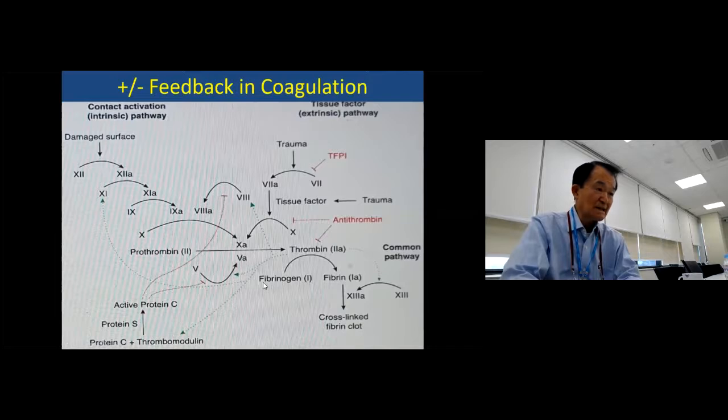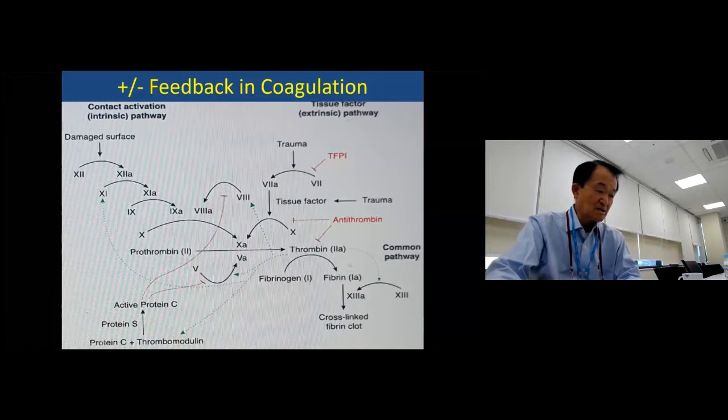So again, we have certain drugs inhibiting the process. Antithrombin is one way. But there's also now active protein C, where protein C inhibits V converted to VA, and A converted to 8A.